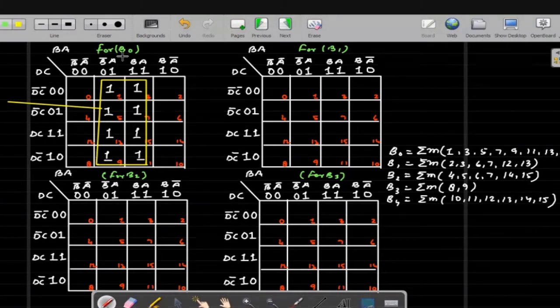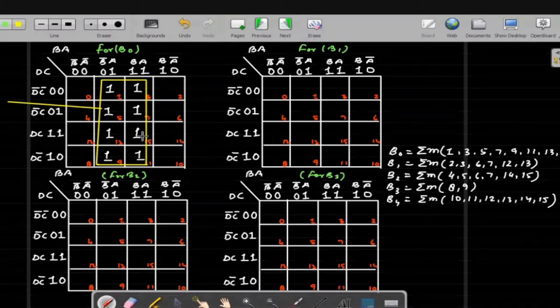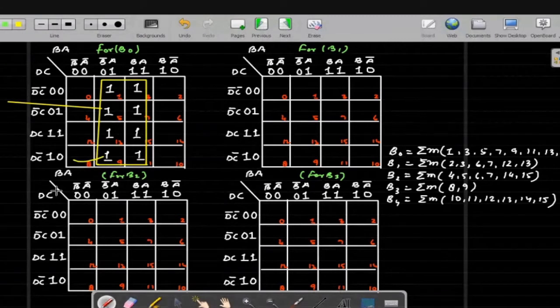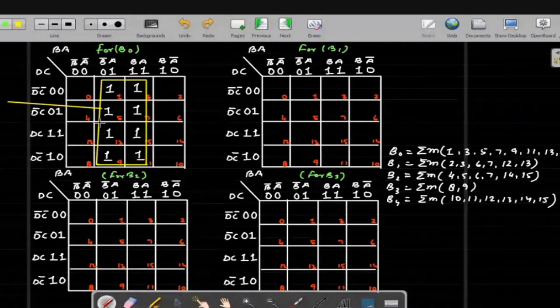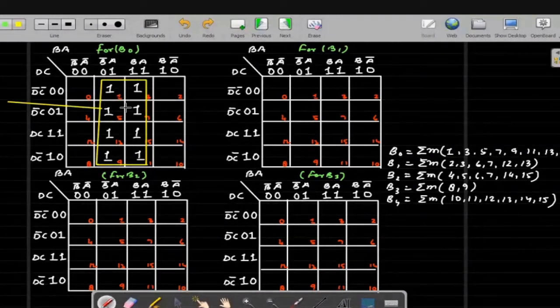Initially, B naught is a function of 4 input variables A, B, C, D. But when we group the minterms of the B naught expression and get this octet, we eliminate 3 variables. So you can easily see that B naught is now just a function of A only.